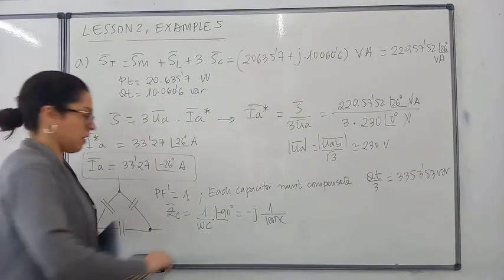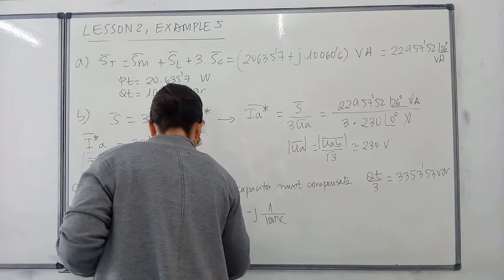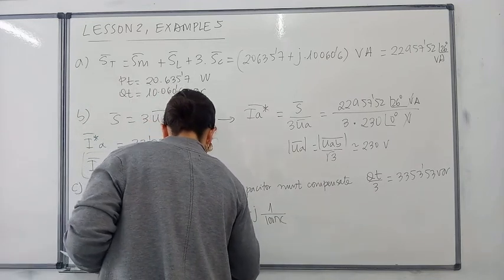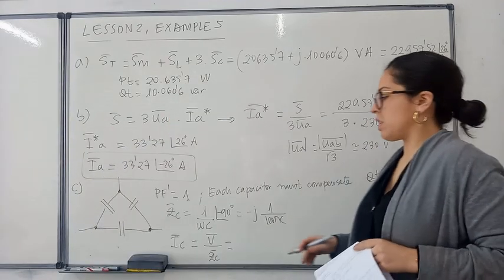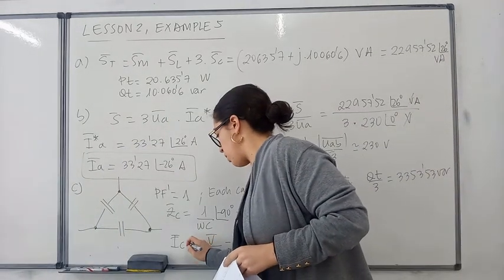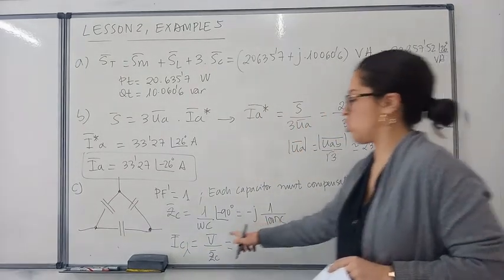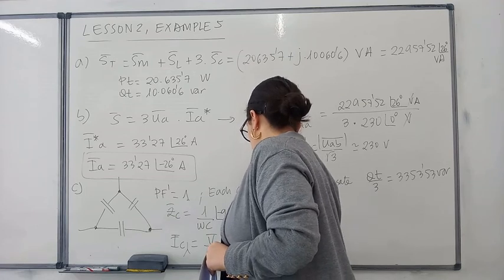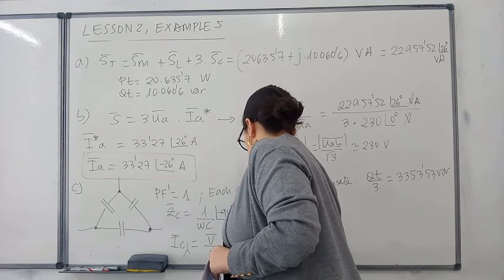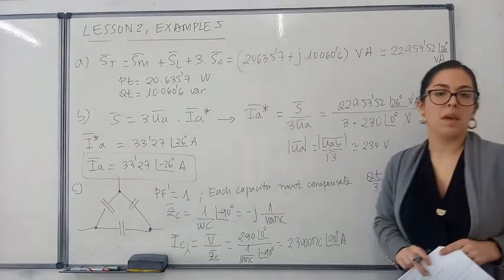If we apply Ohm's law, the current in one capacitor is going to be the voltage divided by that impedance. If we consider the system connected in star, because it is easier, the voltage would be the phase voltage, so we have 230 volts divided by this impedance, which gives a current of this.